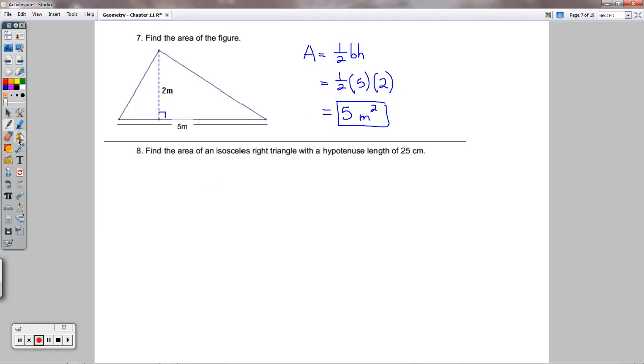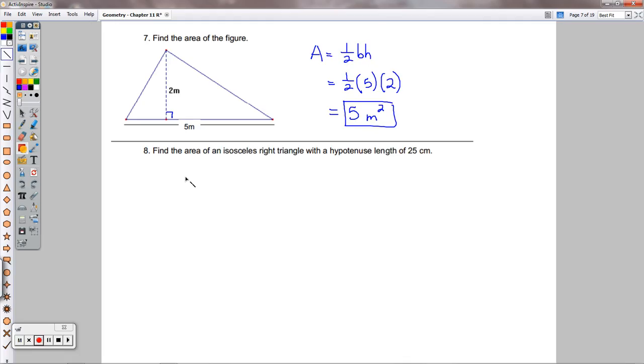Number 8, find the area of an isosceles right triangle, hypotenuse length of 25 centimeters. So this is an isosceles right triangle, so I know that it's both right and isosceles. I have to have a right angle in there somewhere, so I'm going to say that that one is my right angle right here.